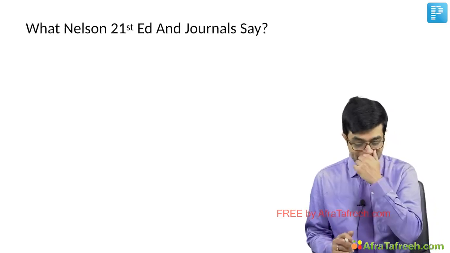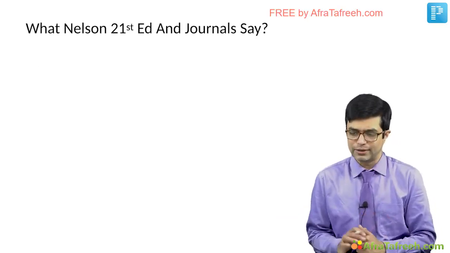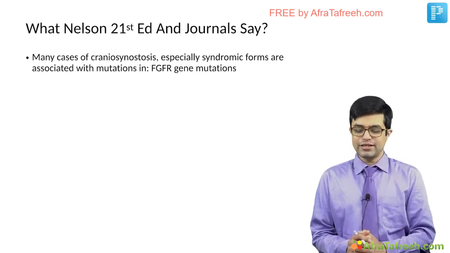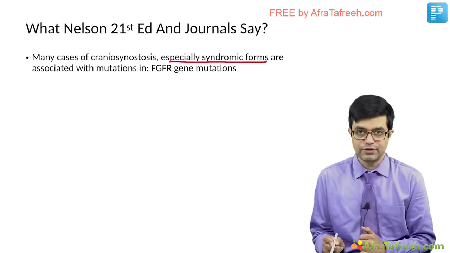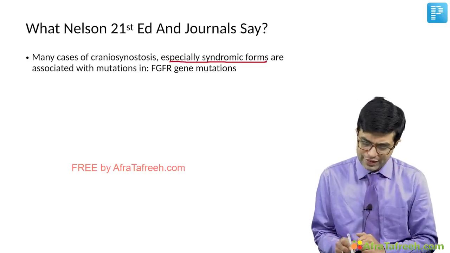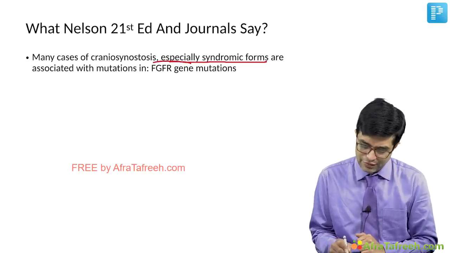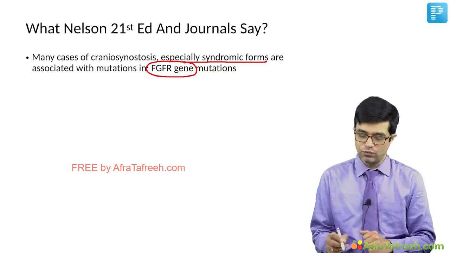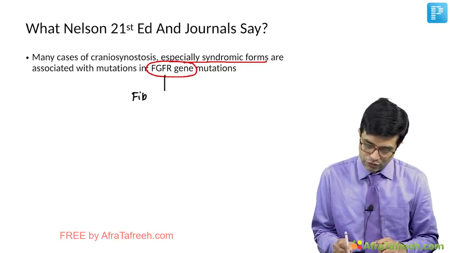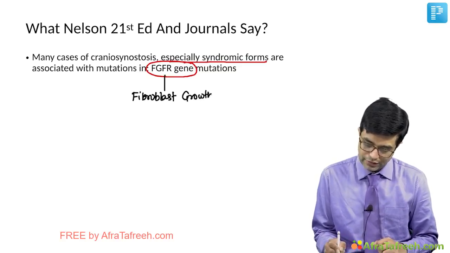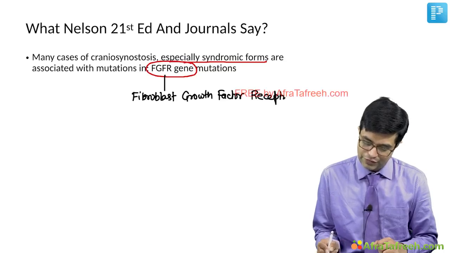Now, what does Nelson 21st edition and various journals say? They say that many cases of craniosynostosis, especially the syndromic forms, the 10 to 20%, are associated with mutations in the FGFR gene. What is FGFR? FGFR stands for fibroblast growth factor receptors. There are many types of FGFR genes.